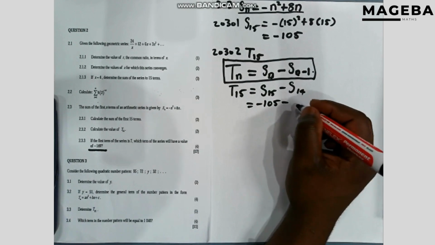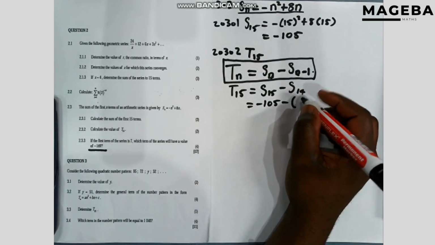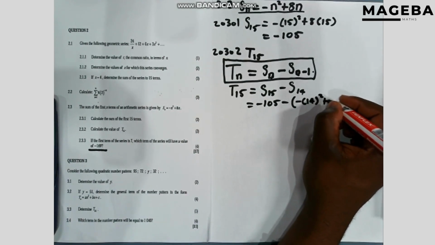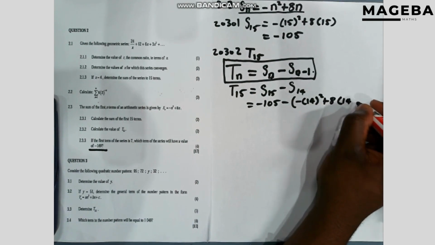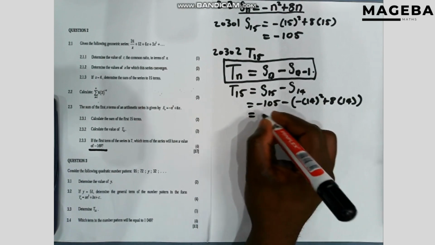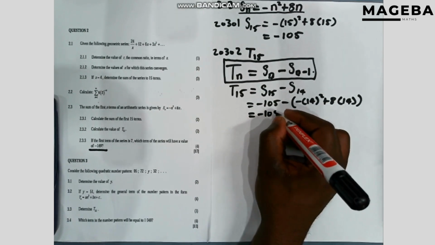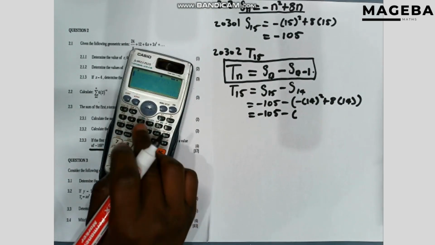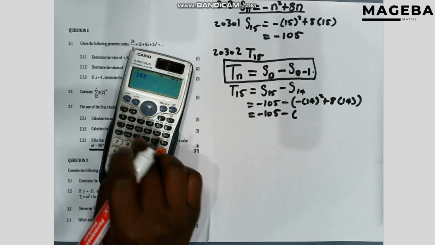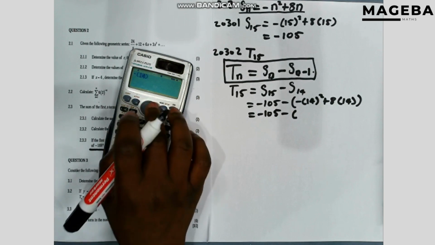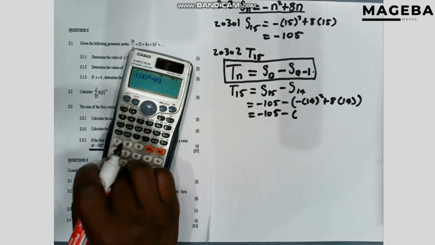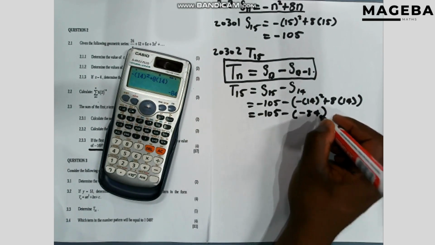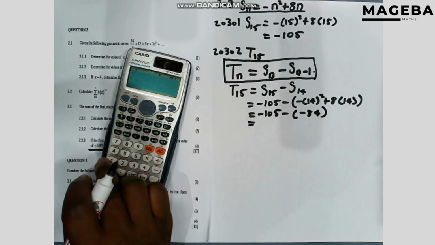And then minus, we don't have sum of 14, we need to find the sum of 14. So sum of 14 is just negative 1 into 14 squared, and then plus 8 into 14, which gives negative 84. Punch the calculator: negative 105, then minus negative 84.